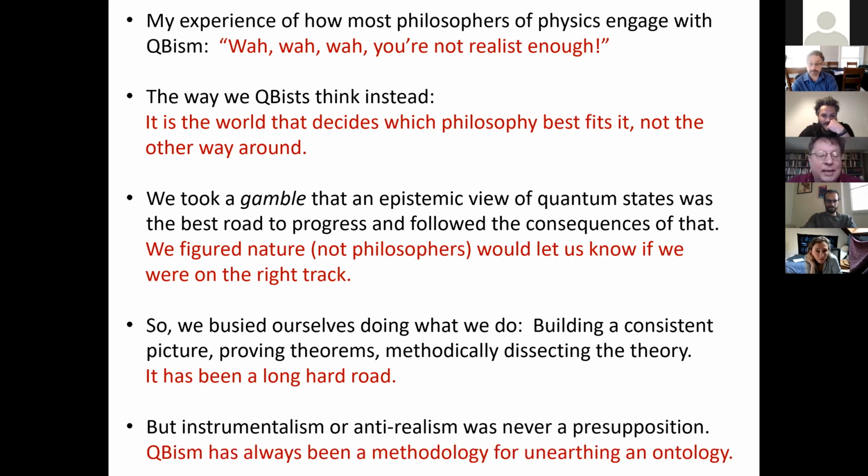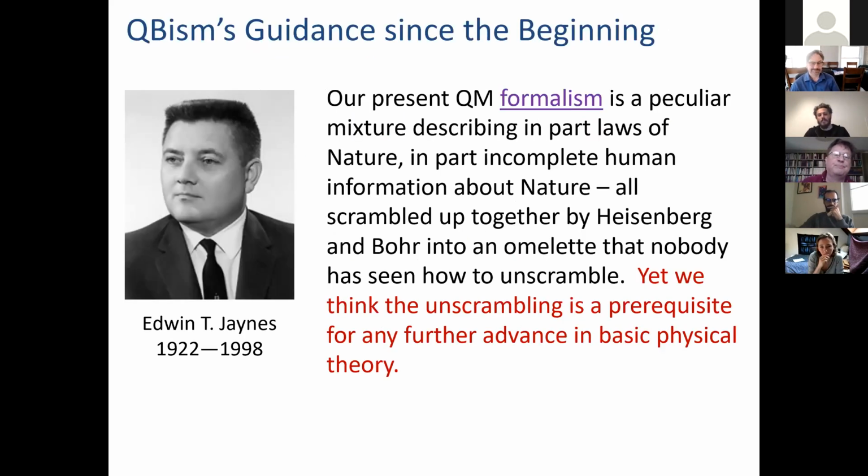But particularly, I'd like to emphasize that instrumentalism or anti-realism was never a presupposition of the project. QBism has always seen itself as a methodology for unearthing an ontology. An ontology is the end goal of all our efforts.